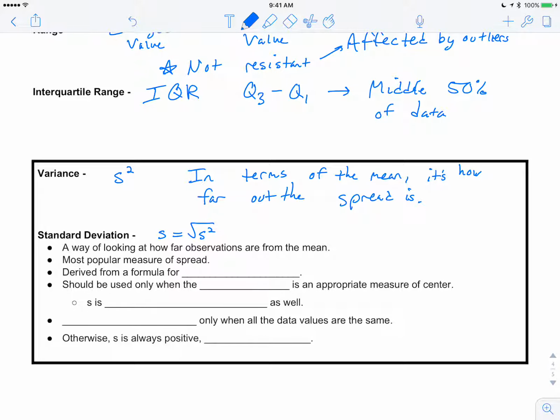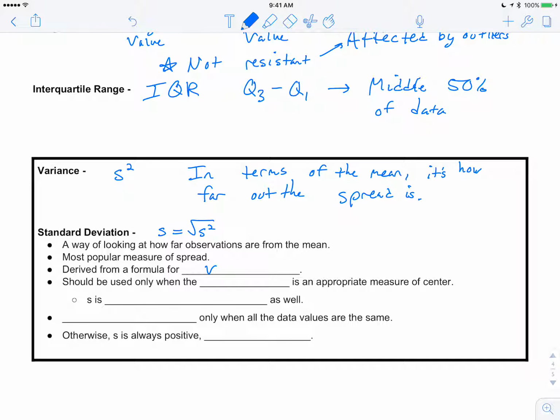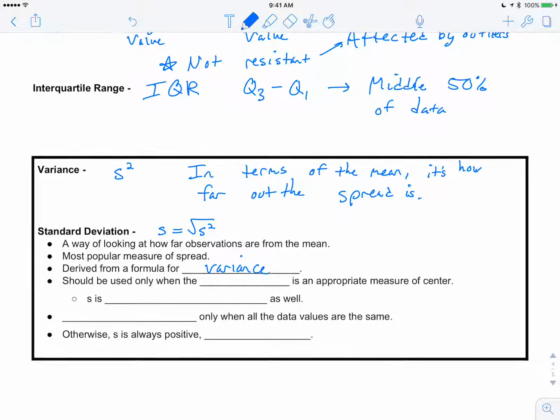Standard deviation is a way of looking at how far out our observations are from the mean. So you're not comparing them to the median like other ranges. It's the most popular measure of spread. It's derived from the formula for variance. And it should only be used when the mean is an appropriate measure of center.